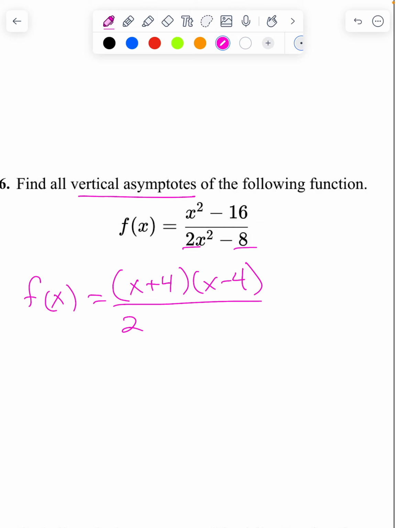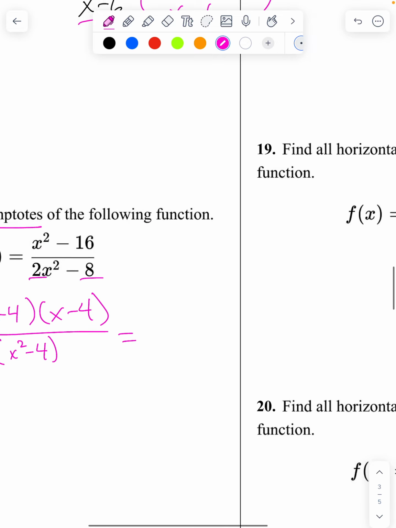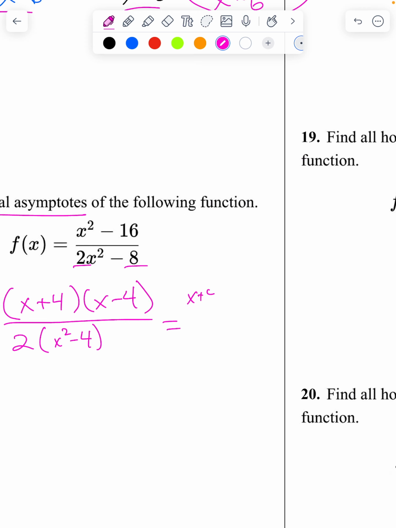And when I do that, I get 2, and this is x squared minus 4. You could also write that as x plus 4 over x minus 4, and then 2, and then this is a difference of squares right here. So this will be x plus 2, x minus 2.